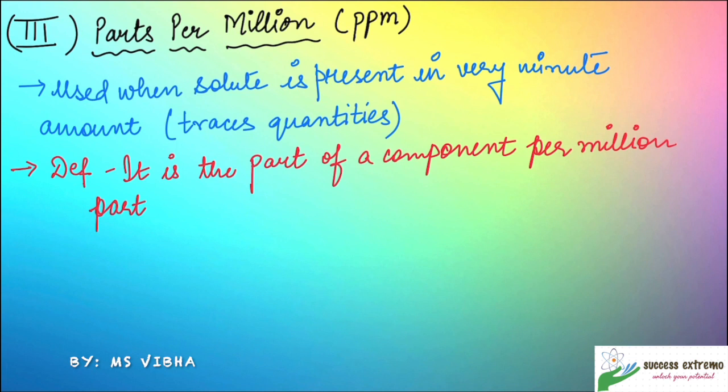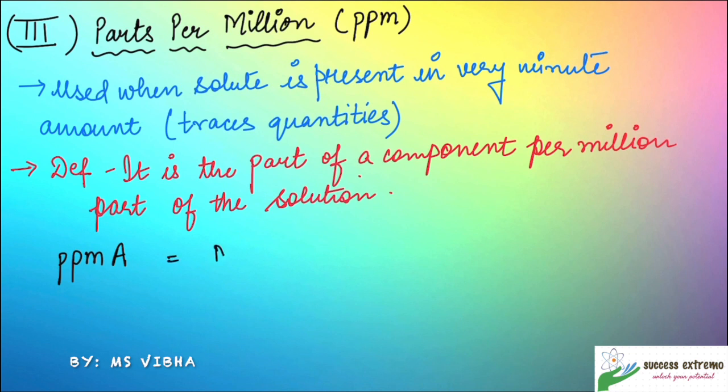It can be defined as the parts of a component which is present in very minute amount per million parts of the solution. And the formula can be expressed as ppm of A, that means parts per million of component A, is equal to mass of component A, which is in the trace quantity, upon the total mass of the solution into 10 raised to power 6.